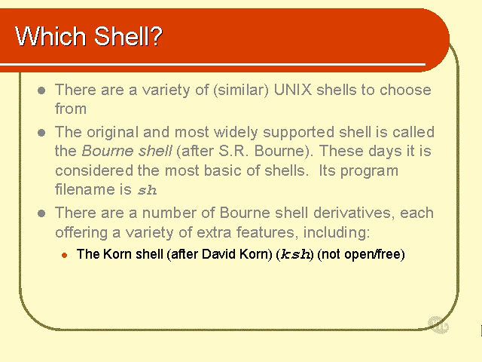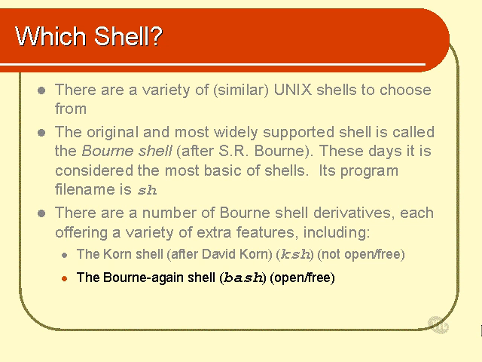There was obviously a call for a free version of the Korn shell that offered the same sort of features as the Korn shell, or perhaps even improved features over the Korn shell, but was indeed entirely free. And so they created another Bourne derivative shell called the Bourne Again shell. A little cleverness on behalf of these Unix boffins in the naming department. Its file name is bash, and it offers a great deal of features that are used primarily by users of Unix who are running Unix on a PC.